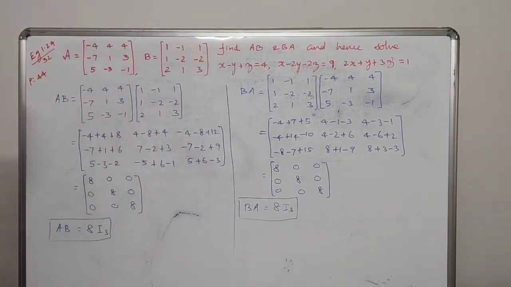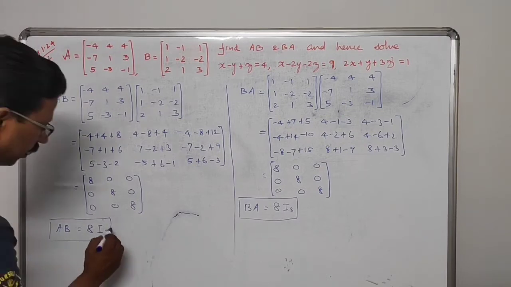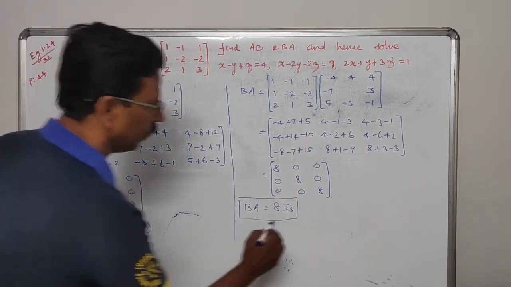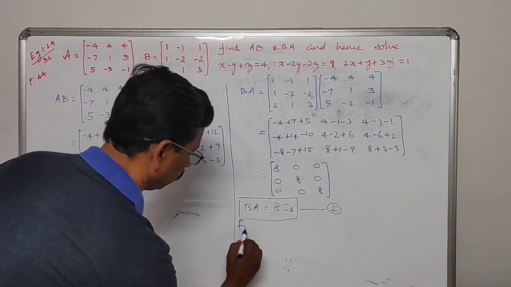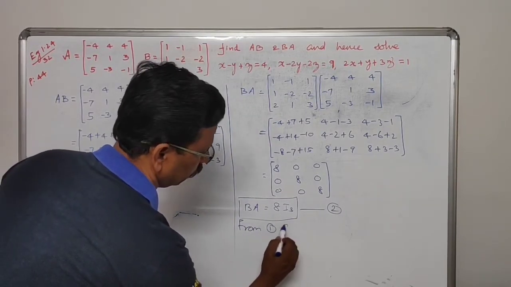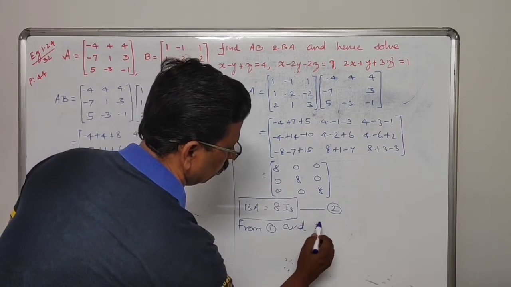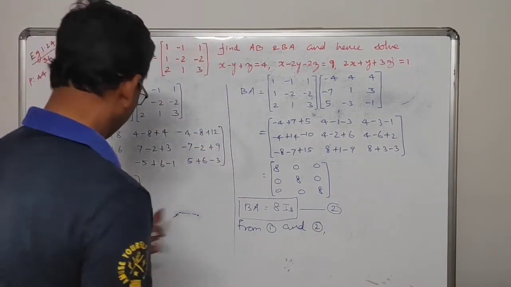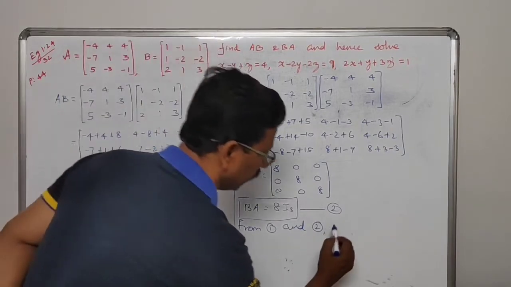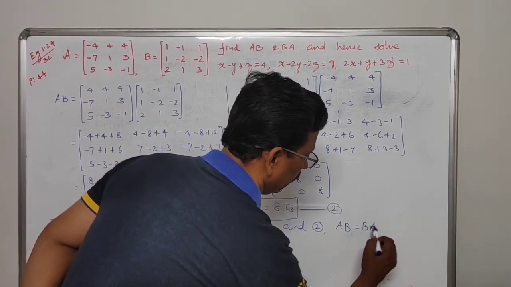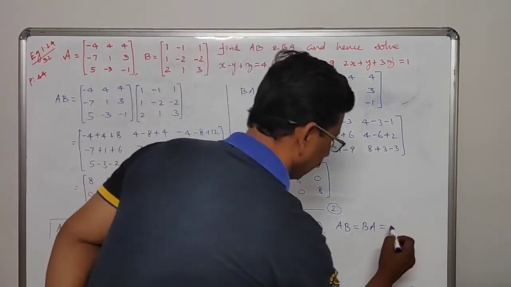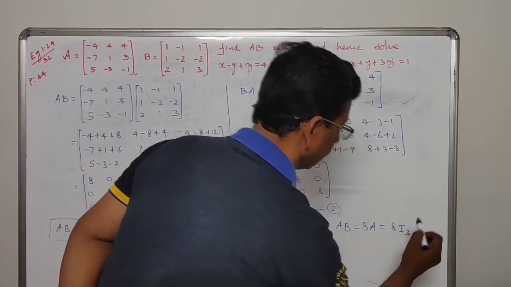Now see here, from these equations, take this as equation number 1 and this as equation number 2. From 1 and 2, we can say AB equals BA equals 8 times I3.